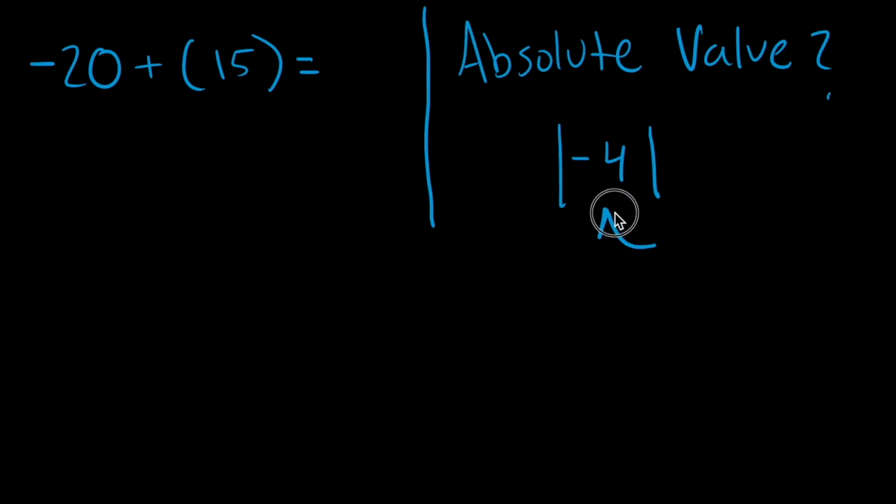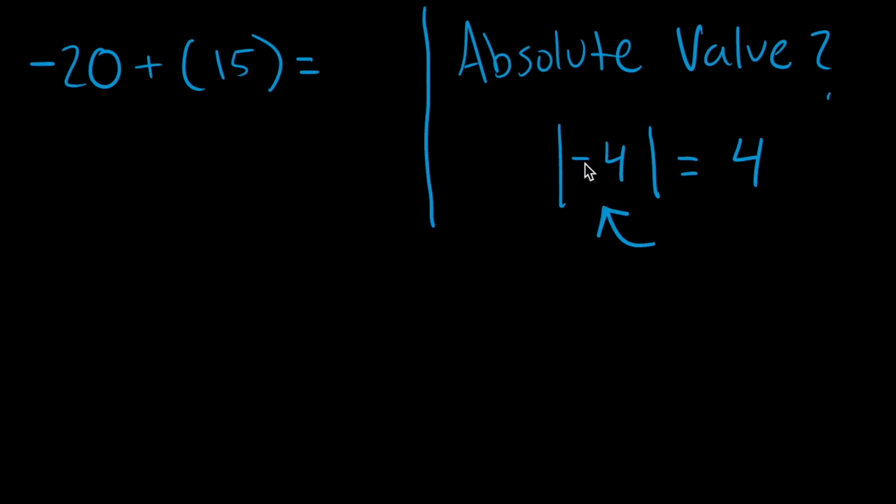So negative 4 is not the absolute value. That is just a number. The absolute value is going to be 4, because the absolute value refers to the distance from 0 on the number line.